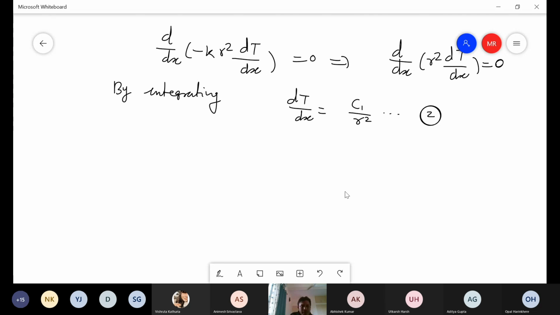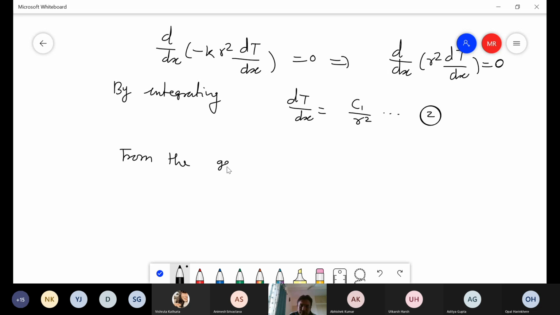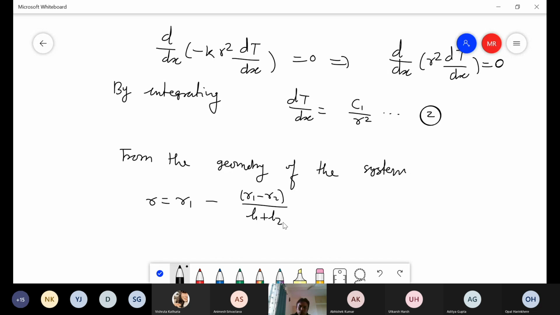So just by looking at the geometry of the system, we can directly write down R, where R is the radius at any location X. That can be given as R1 minus R2 divided by L1 plus L2 into X, isn't it? So this is how we can write how R is related to X.